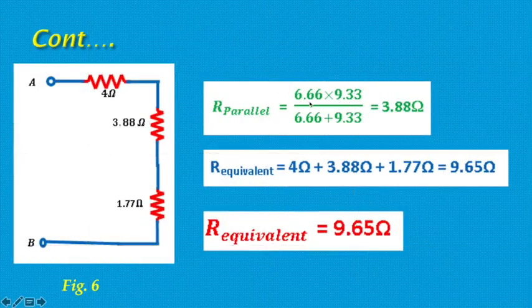This parallel resistance of 3.88 ohm is in series with the 4 ohm resistance. So the total equivalent resistance RAB is equal to the summation of 4 ohm, 3.88 ohm plus 1.77 ohm. So this is the total equivalent resistance.